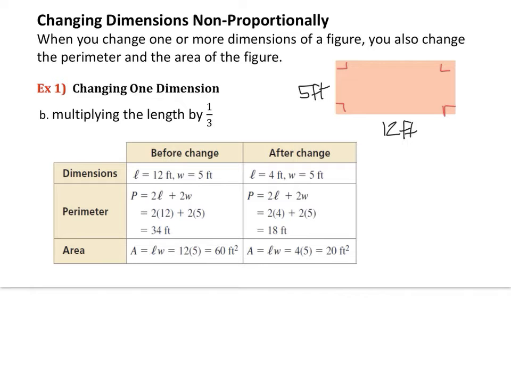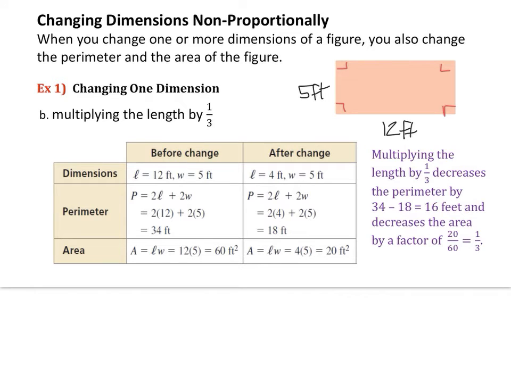For area, compare the areas. It looks like it's 1/3. So 60 is 3 times the area of the 20. So after the change, it got smaller, in fact, by 1/3. So in summary, multiplying the length by 1/3 decreases the perimeter by, like we said, 16 feet. That's their difference. And decreases the area by a factor of 1/3.